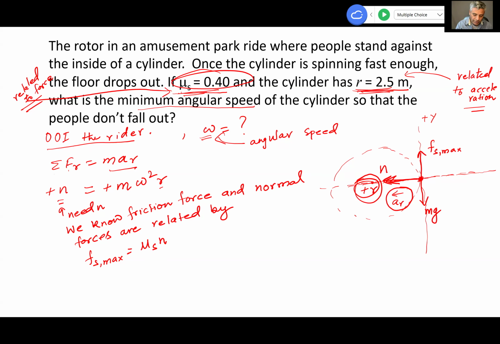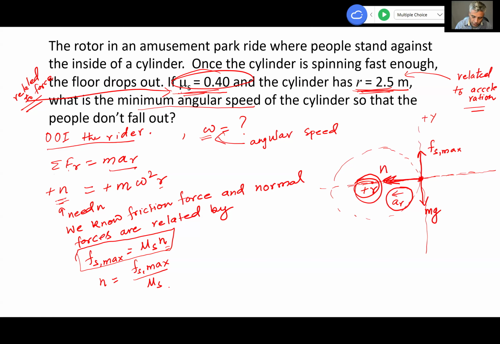So we said we need N to solve this problem. N is here. So let's solve this one for N so that we can use it. And if you are wondering where it is coming from, we learned this while we talked about friction, and it is also in the formula sheet, okay?